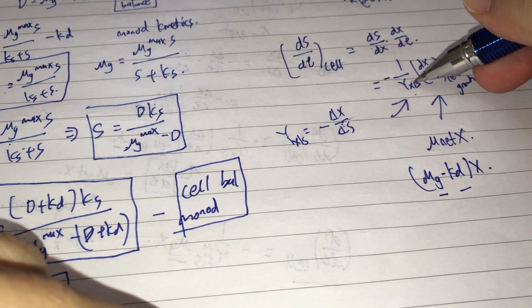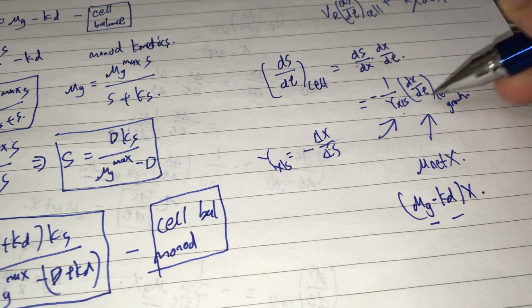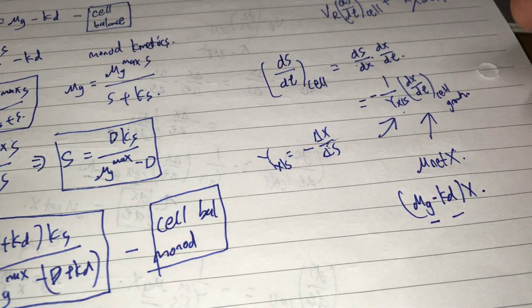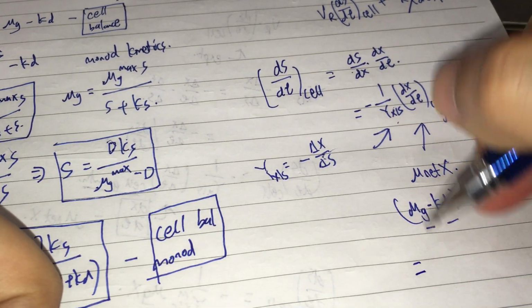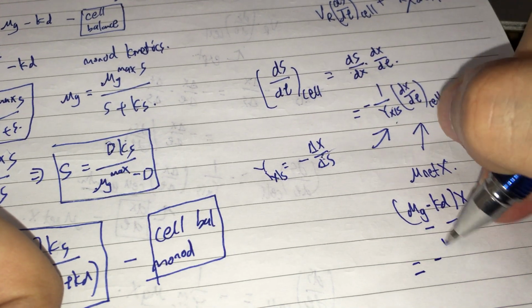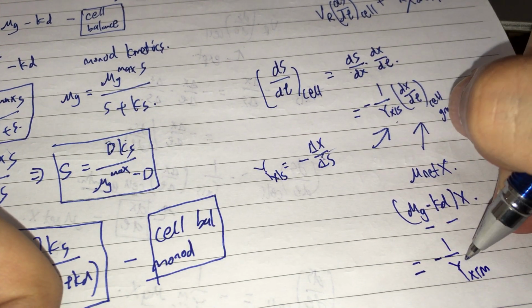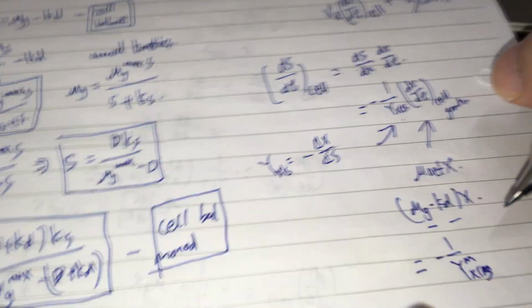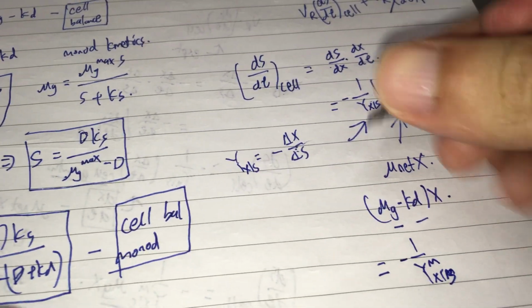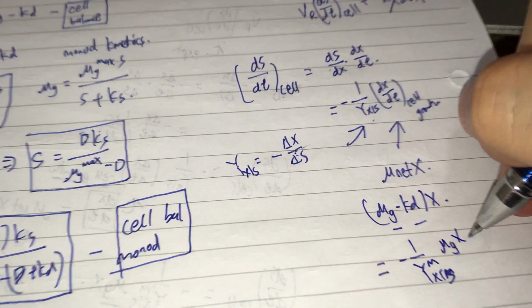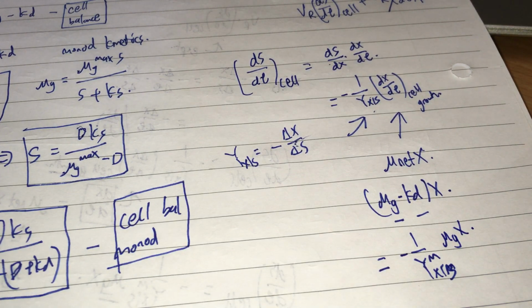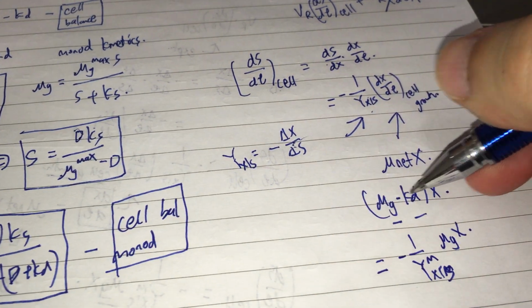Or if you want to consider using the mu g equation, we can rewrite this like this: x by s maximum, then you'll have mu g into x, which is what we have earlier derived.